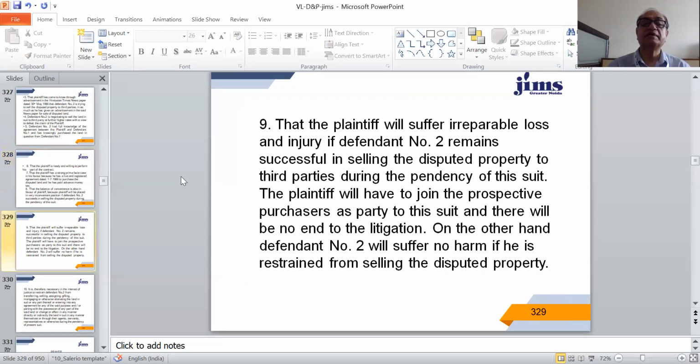Now coming to the third ingredient, that plaintiff will suffer irreparable loss and injury if defendant number 2 remains successful in selling the disputed property to third parties during the pendency of this suit. The plaintiff will have to join the prospective purchasers as party to this suit, and there will be no end to the litigation. On the other hand, defendant number 2 will suffer no harm if he is restrained from selling the disputed property.